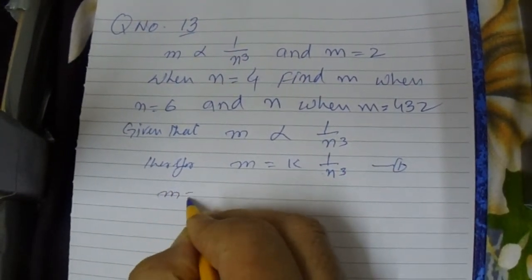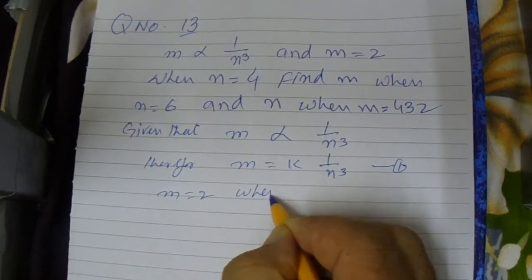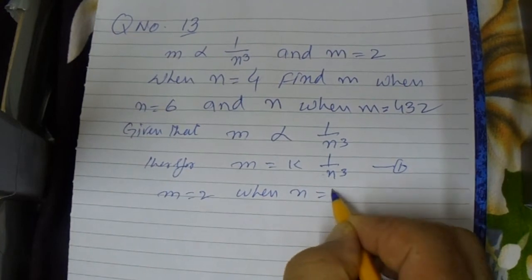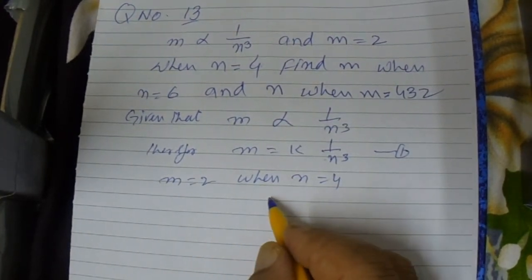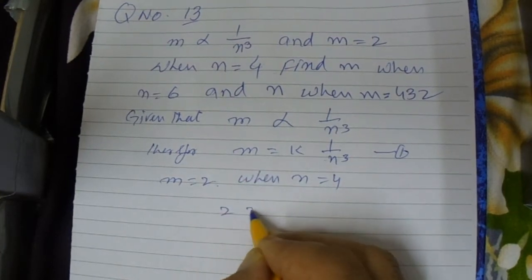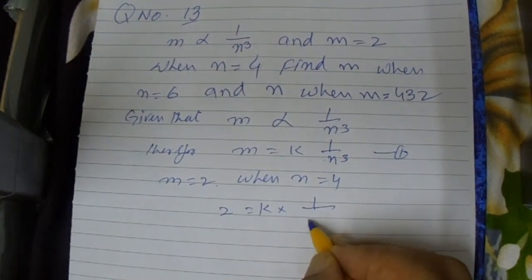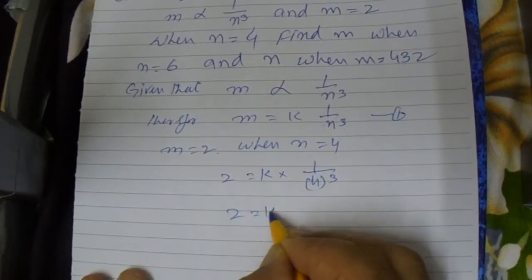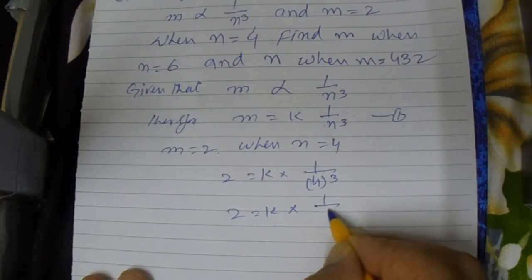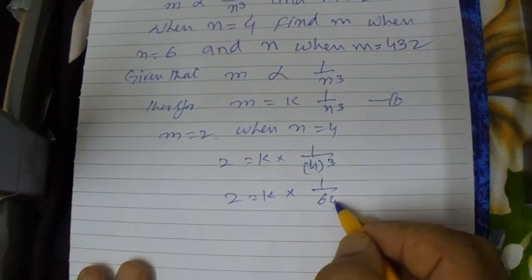M is equal to 2 when n is equal to 4. Now 2 is equal to k multiplied by 1 over 64, 4 power 3 is 64.